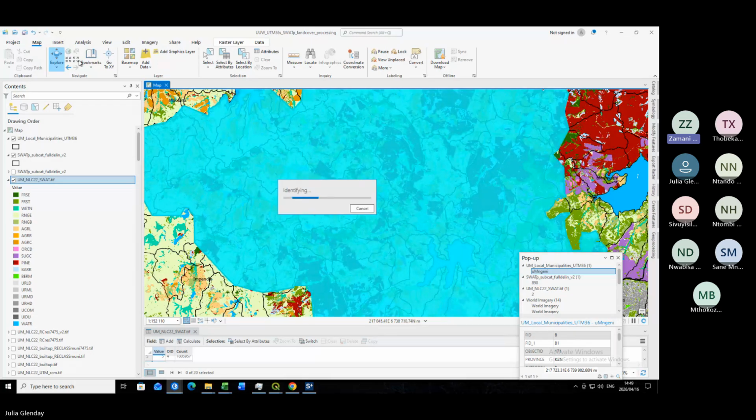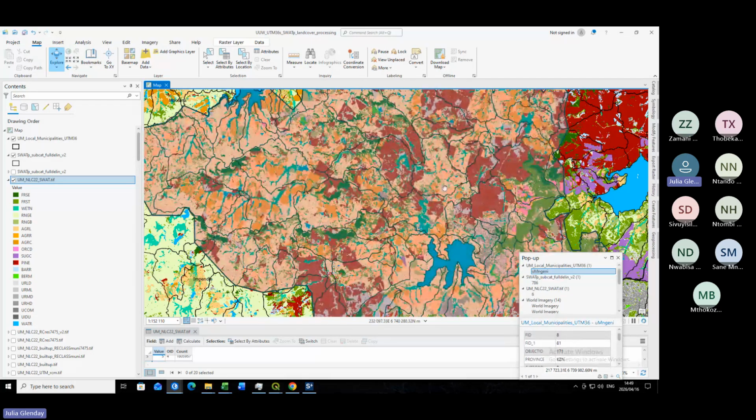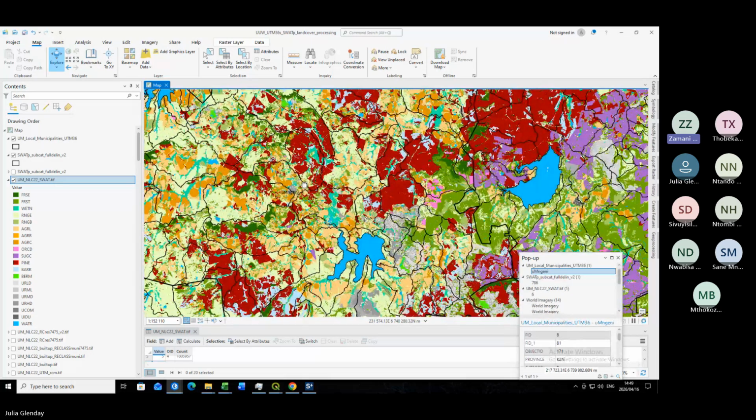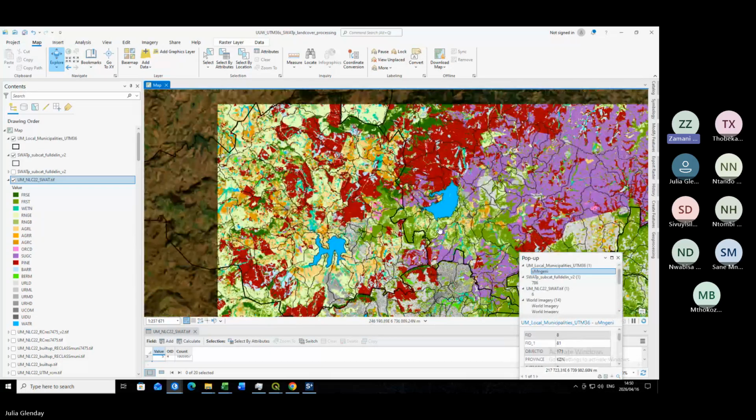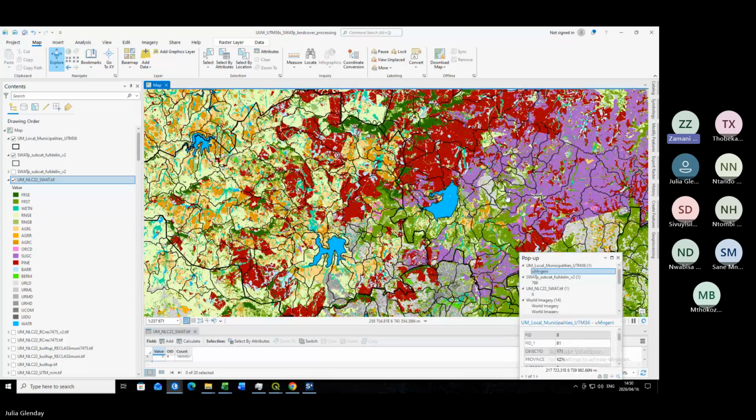So maybe for each elevation along your catchment, you can try to assume that you have these crops rotating and interchanging based on the elevation. I don't know if you get me. Yeah.